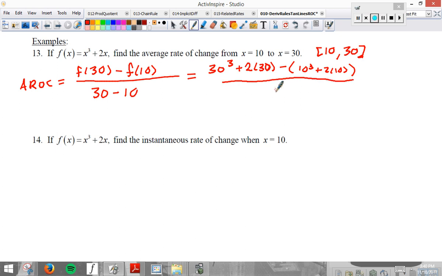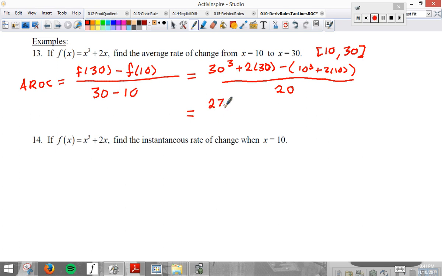all over 20. On the AP test, on my test, if you have the option, that is okay to do. It's okay to stop there. This is a numerical answer. It also is right. You'll get full credit for this answer if the problem doesn't say simplify, if it's not a multiple choice problem.